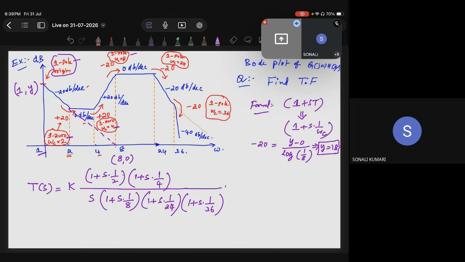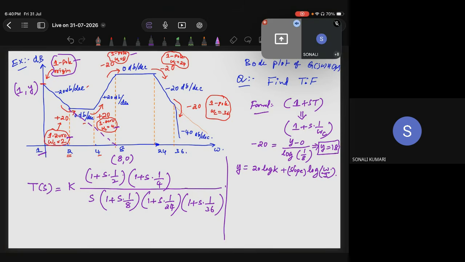Now you will be calculating k: y is equivalent to gain, so 20 log k plus slope change times log omega by 1. Please go and see the previous live class to see why I wrote it like this.